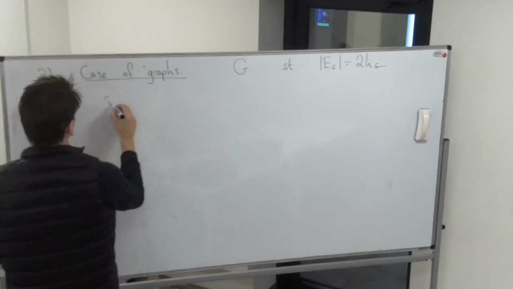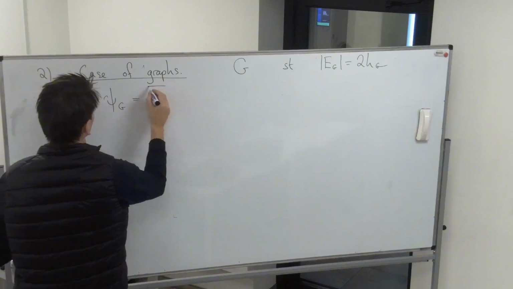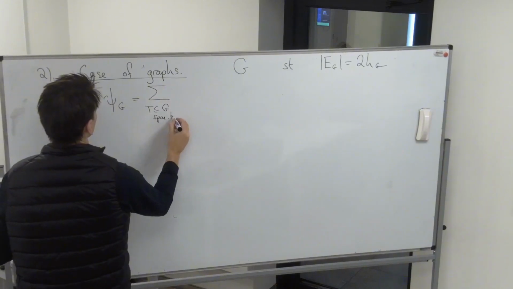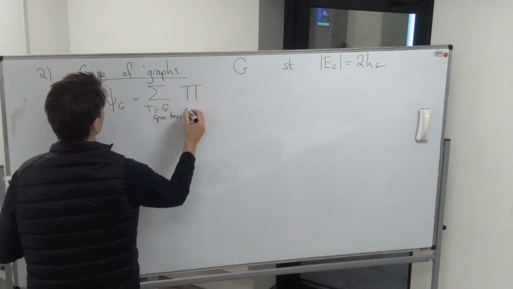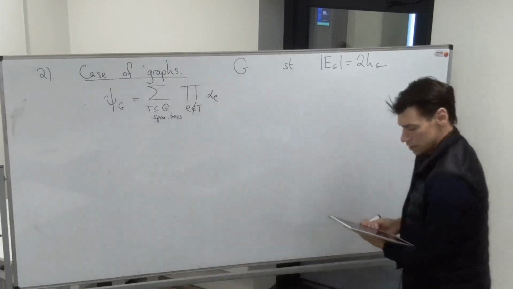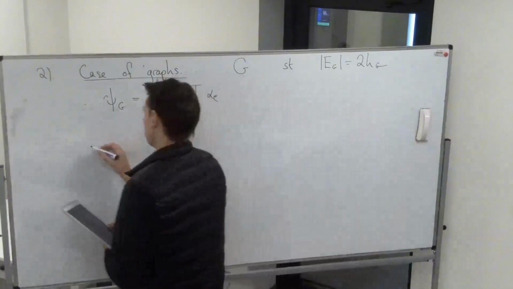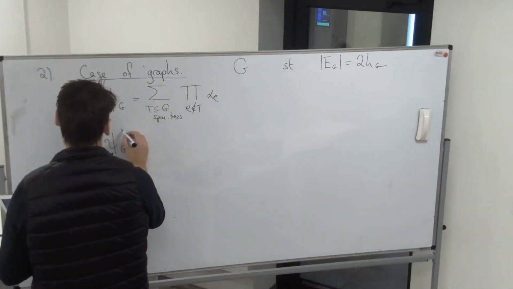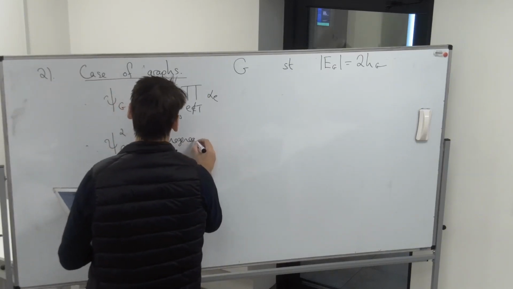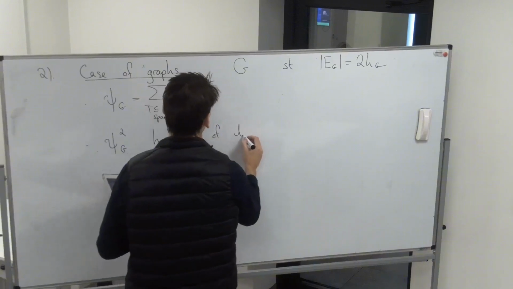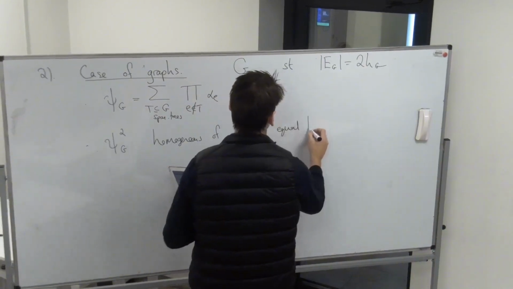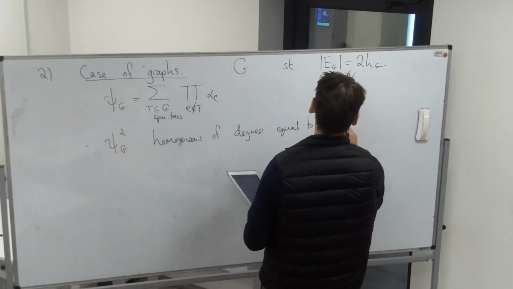Then I remind you that we had the graph polynomial, which is the sum over spanning trees. And then we took one monomial given by the product of edges not in each spanning tree. And by assumption, we can look at psi G squared, which is homogeneous of degree equal to the number of variables by this assumption.